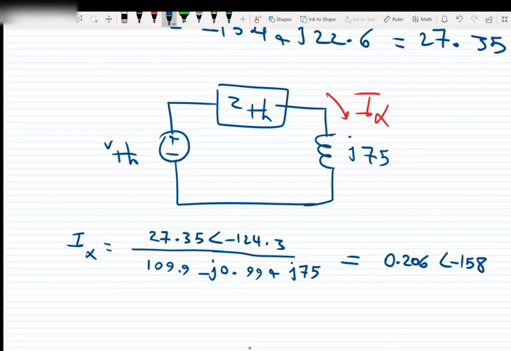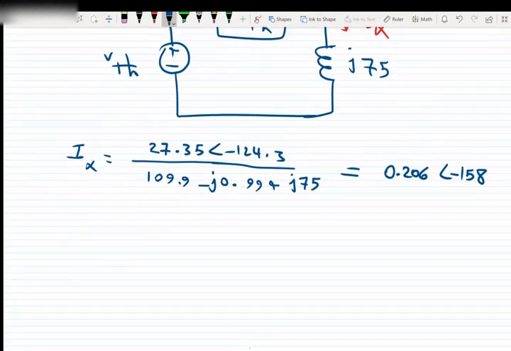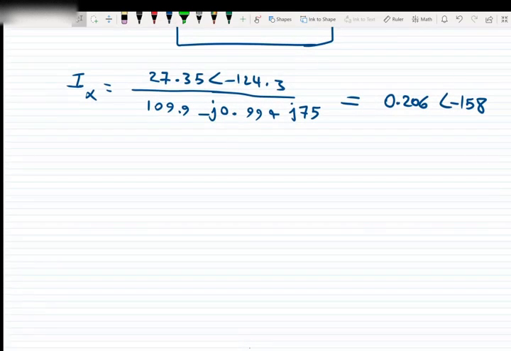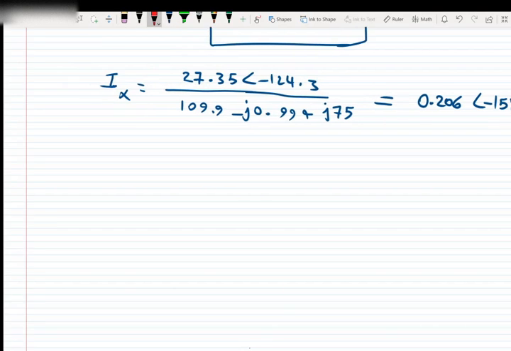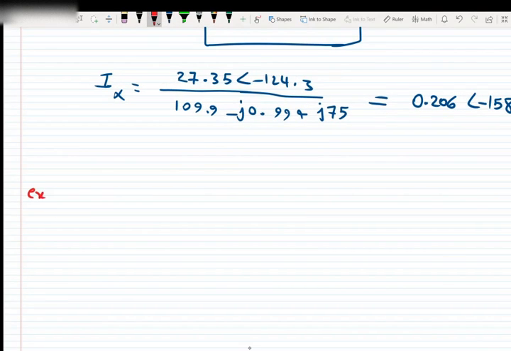Okay, and I think we have one more example for Thevenin and Norton equivalence. So here is the last example.